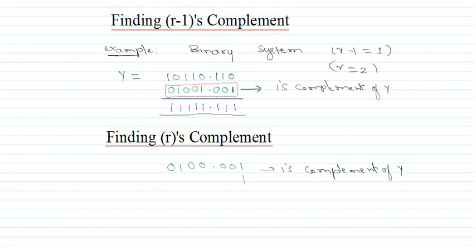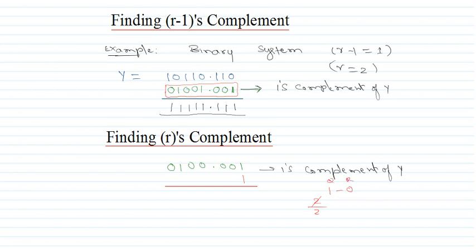So you just add 1 to the least significant bit, so you will get 1 plus 1 is 2. In the binary system, any number which comes greater than or equal to 2 should be divided, right? So 1 is the quotient and 0 is the remainder here.